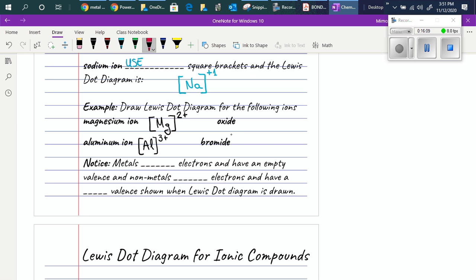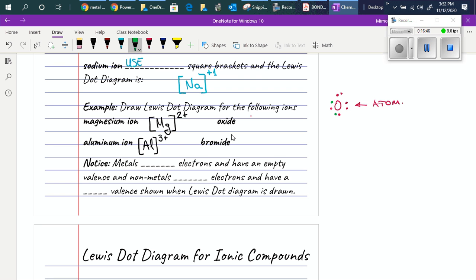For oxide, if we are drawing oxygen as the atom, then it's in the 6th group: 1, 2, 3, 4, 5, 6. This will be the Lewis dot diagram for the atom. But now, 2 more electrons are coming into the outer shell from somewhere else, maybe magnesium, maybe aluminum, from others.